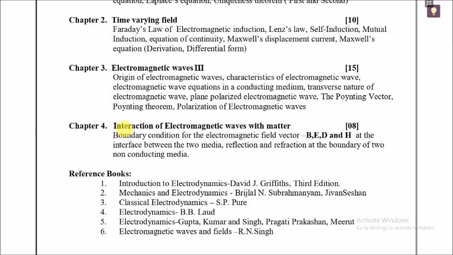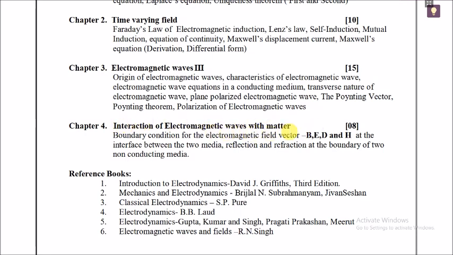Then finally the last chapter, known as interaction of electromagnetic waves with matter. This is nothing but spectroscopy. Simply, spectroscopy means when light is passing through different materials or different media, how that light interacts, how that electromagnetic wave interacts with that matter, is called spectroscopy.